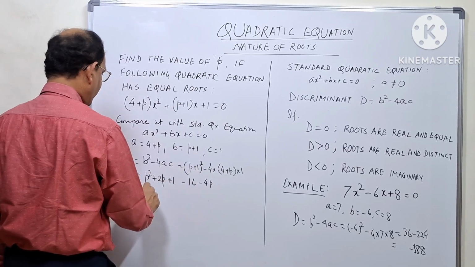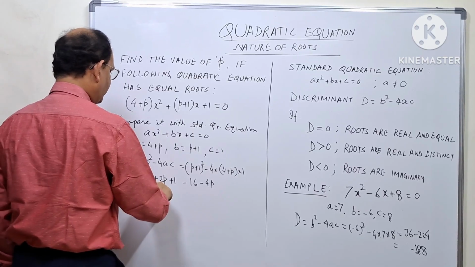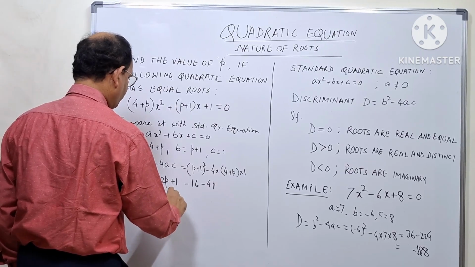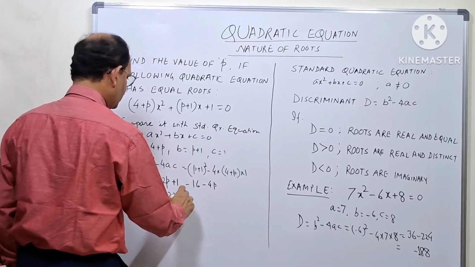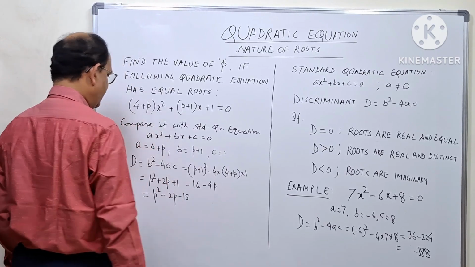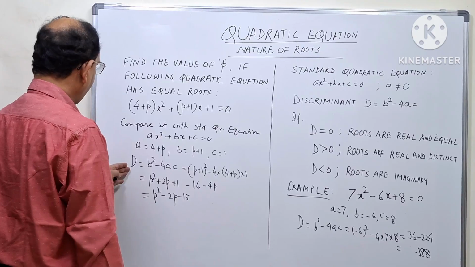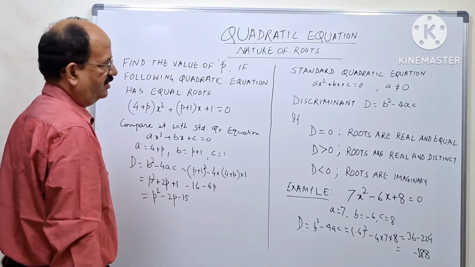So with this we will get p square, and this is 2p, and this is minus 4p, so this will be minus 2p, and this will be minus 16 and plus 1, so this will be minus 15. So we get the discriminant is equal to p square minus 2p minus 15.